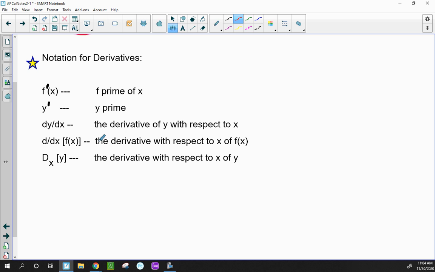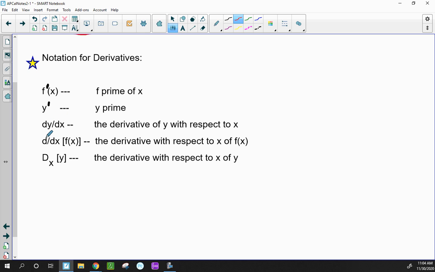We've seen that in algebra. And then notice this says dy over dx. You would say it as the derivative of y with respect to x. So notice the top has the dy. dy dx is the same thing as find the derivative of y with respect to x.